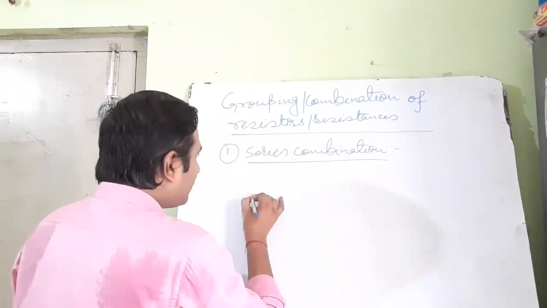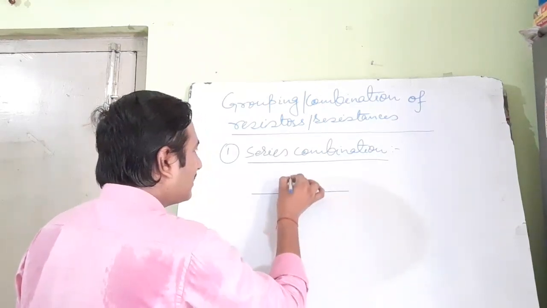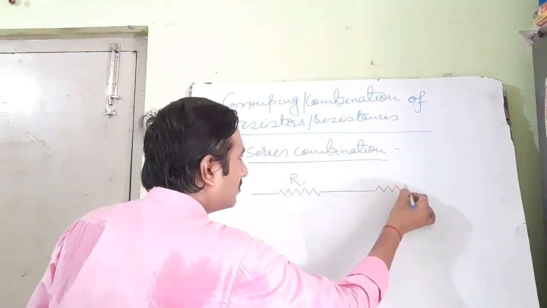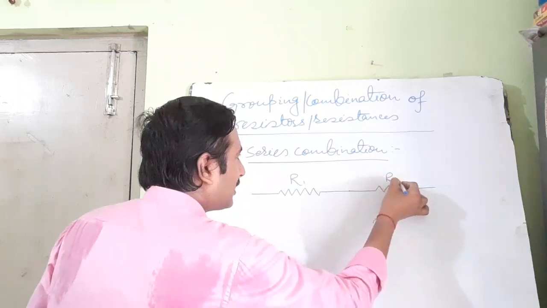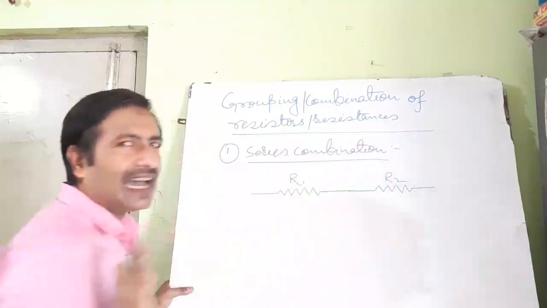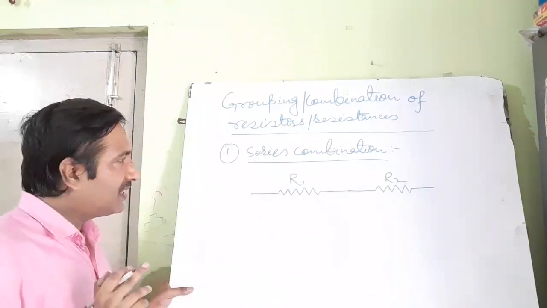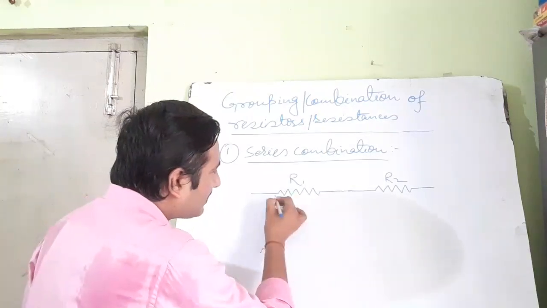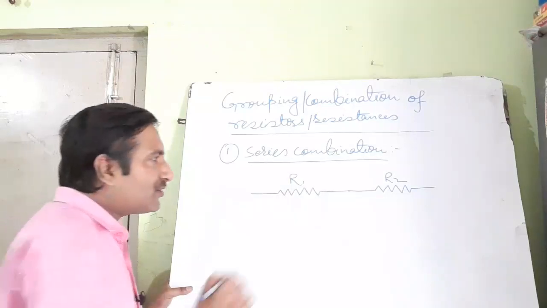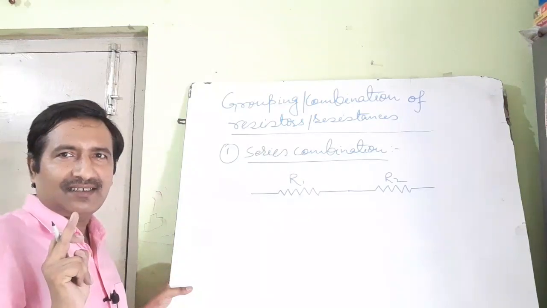Suppose this is a resistance R1 and this is another resistance R2. You can call them resistors of resistance R1 and R2, or simply resistance R1 and resistance R2. You see, one end of this resistor is connected to one end of the other resistor, which means these ends are at the same potential.